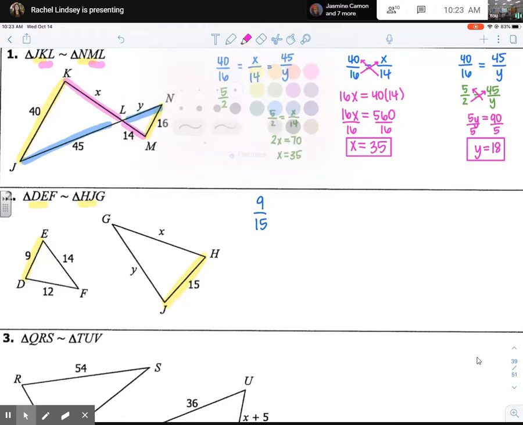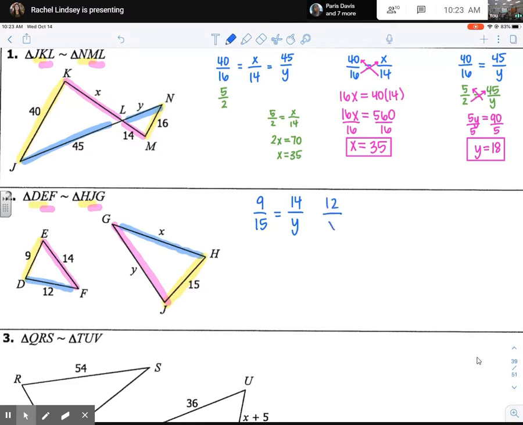Then my next one, I'm going to go EF. Goes with JG, so it will be 14/Y. And then the last one, DF and GH, so 12/X.